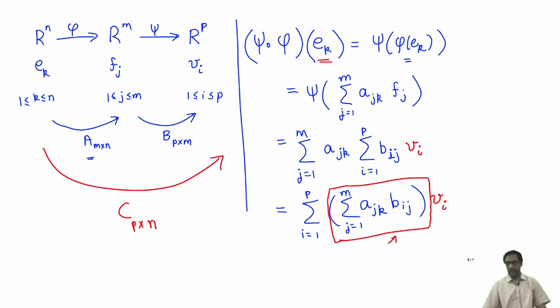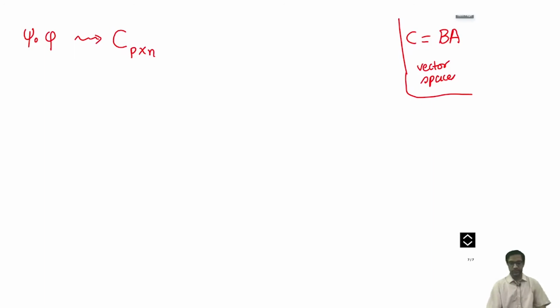If the ring were commutative, then of course you could change the order of B and A and rewrite this term here as Bij Ajk sum over j, and then it would exactly be the product of B and A. Okay, now the trouble is here, things don't commute.